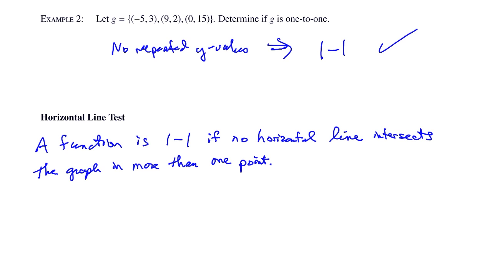If a horizontal line does intersect the graph in more than one point, then that means there is one y value with two different x values.